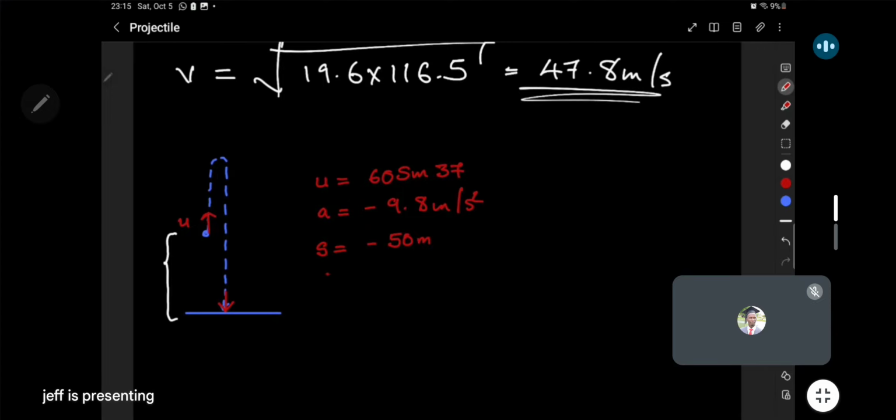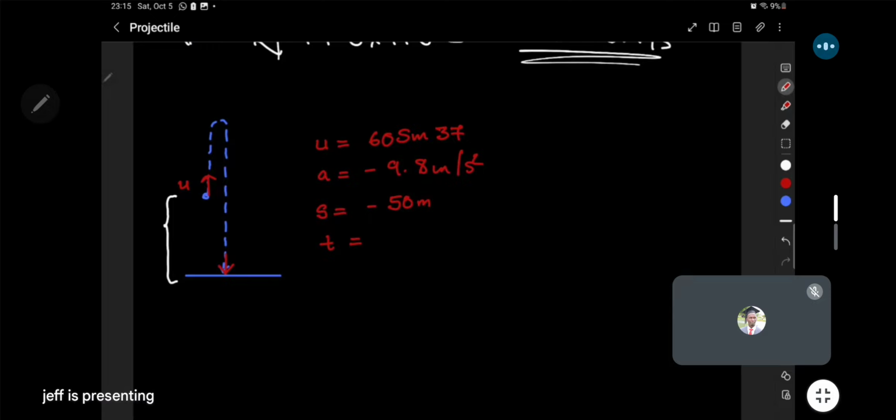So how long did it actually take to fall through that displacement? You don't have to worry much about how it happens. Somehow, it will account for the time it had to go up and the time it had to move from the topmost point until it lands. So just present it like that and calculate your time.